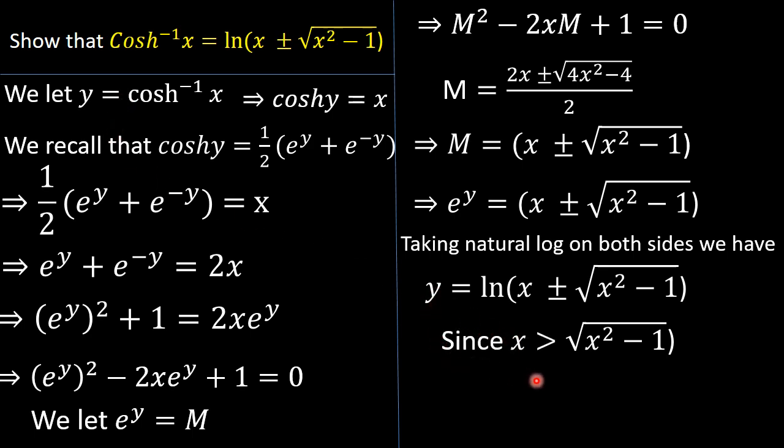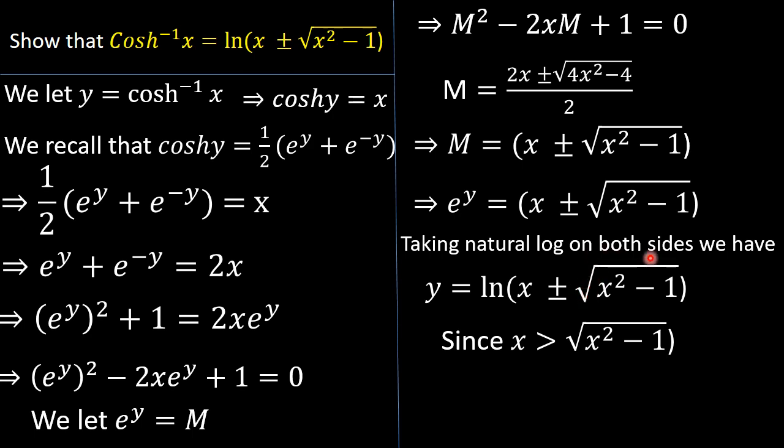But guys, let's keep in mind this is an important argument. We know for sure that for the natural log function to be defined, what should be inside the function must not be less than or equal to 0, right? Great. Now we can lay our claims that x is bigger than what?